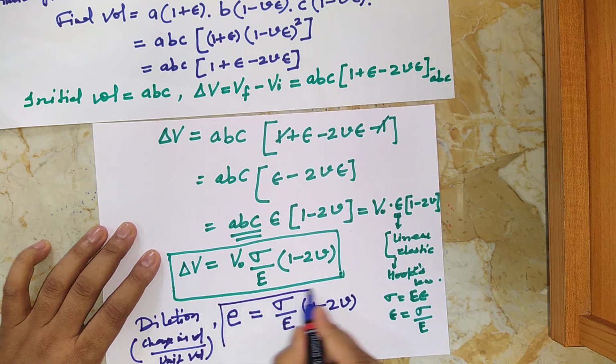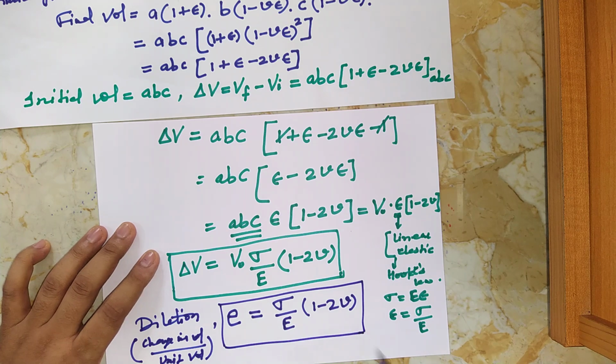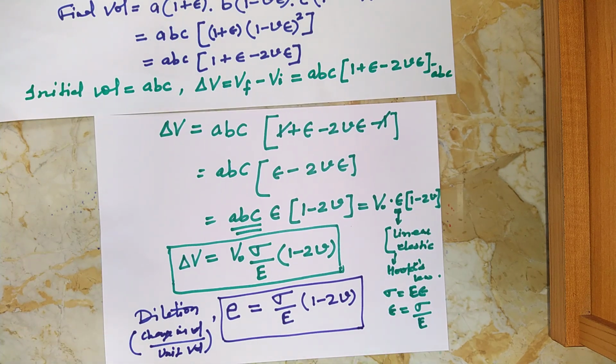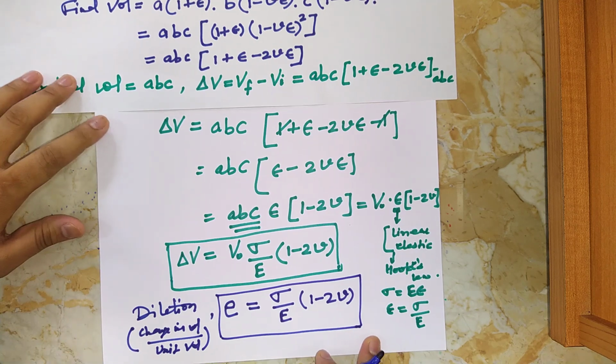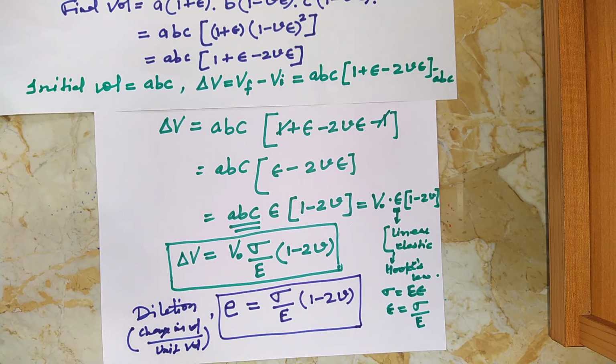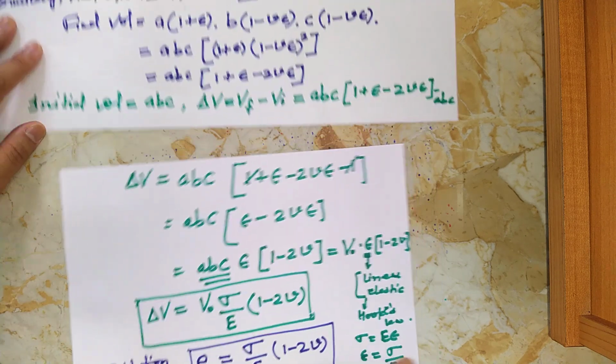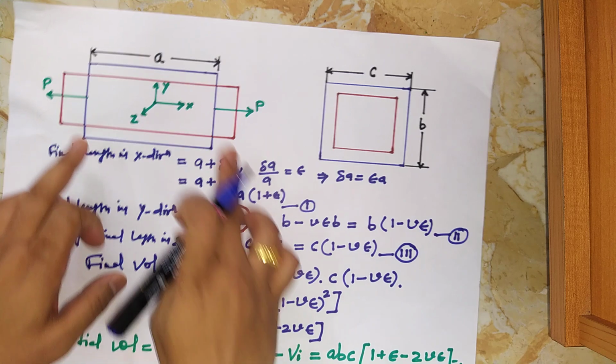Okay. So this is the dilation. So now we are in a position to say whether there is a change in volume taking place as a result of elongation by applying a load P. So this is the change in volume per unit volume. This is the dilation that is caused by elongating the material.